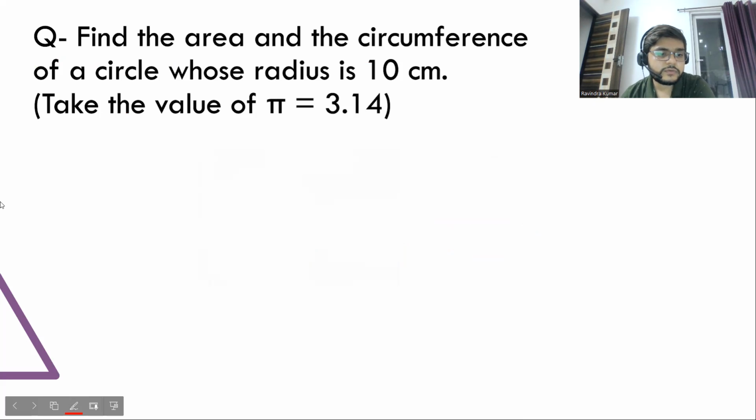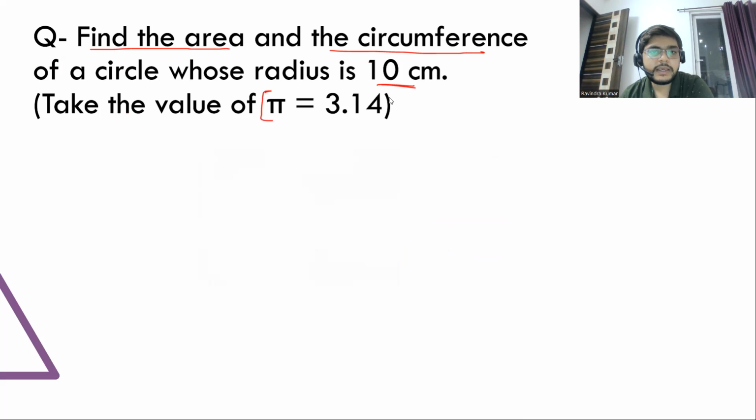It is saying we have to find the area and the circumference of a circle whose radius is 10 centimeter. We know the radius, and in the question we are told to take pi as 3.14. First we will calculate the area, and you know the formula: area of circle is pi r square.